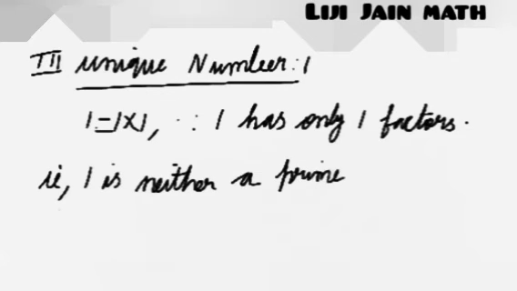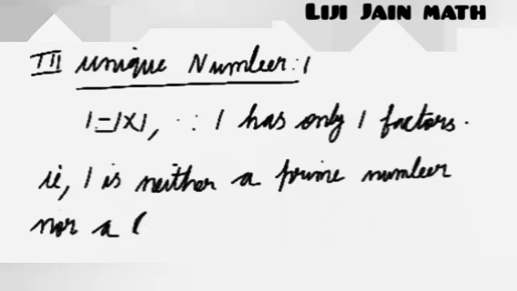That is the meaning of this. 1 is neither a prime number nor a composite number, which means 1 is not a prime number and not a composite number.